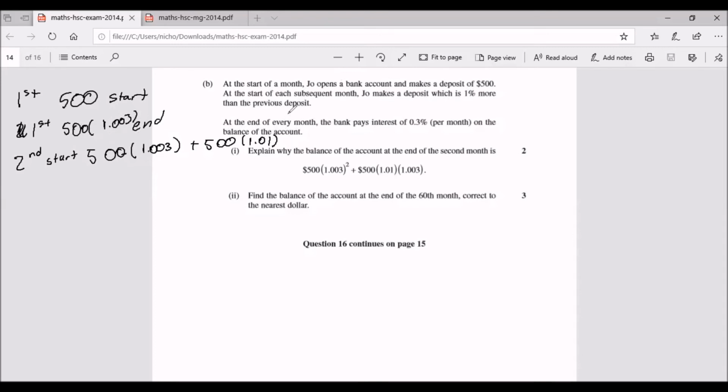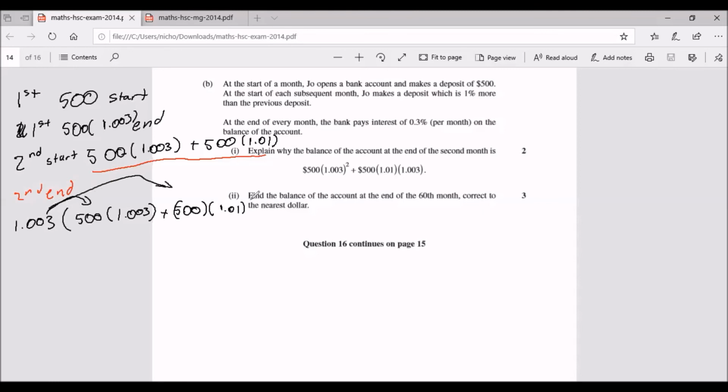Yeah. So now what do we do here? Well, this whole amount is going to earn interest. So in order to find the interest, we have to times all of it by 1.003. So for second end, we've got 1.003 outside of 500 times 1.003 plus 500 times 1.01, in brackets. Then we bring this in.